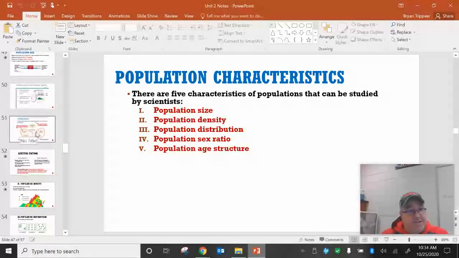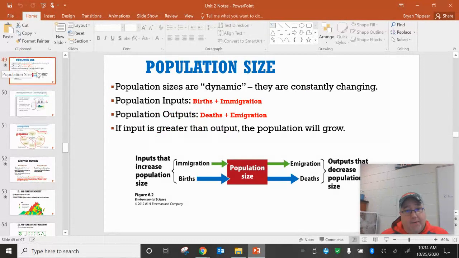A few more things to be familiar with. We talked about population inputs and outputs. Make sure we understand how populations rarely stay the same size. They change over time because of these inputs, births and immigration, and the outputs are deaths and emigration.